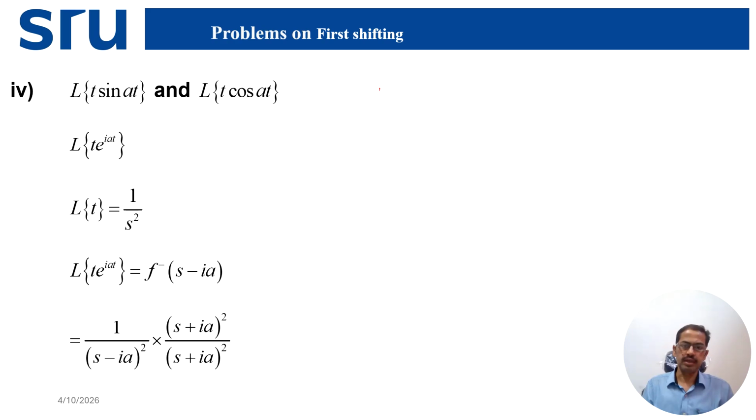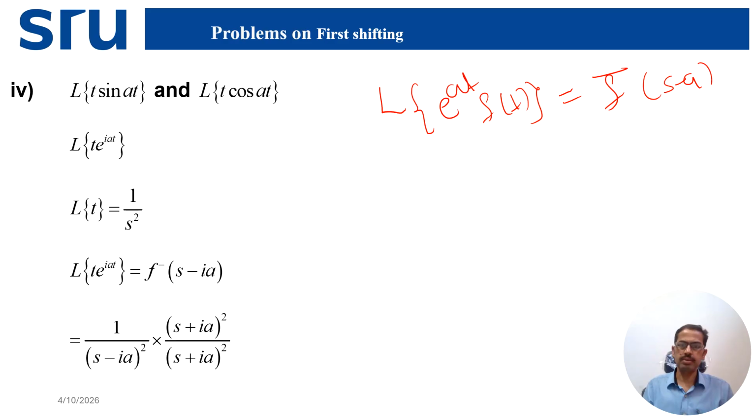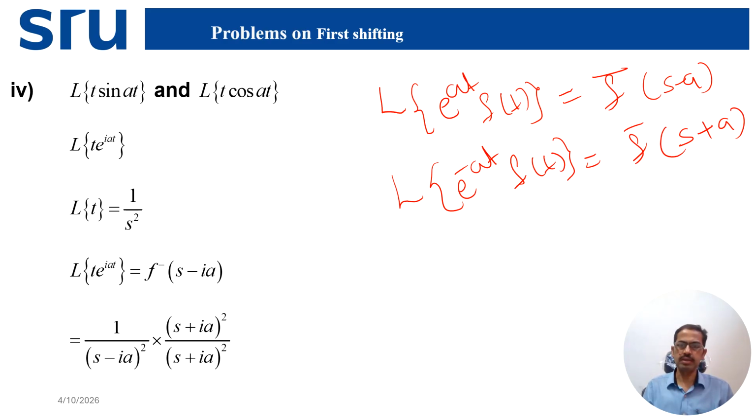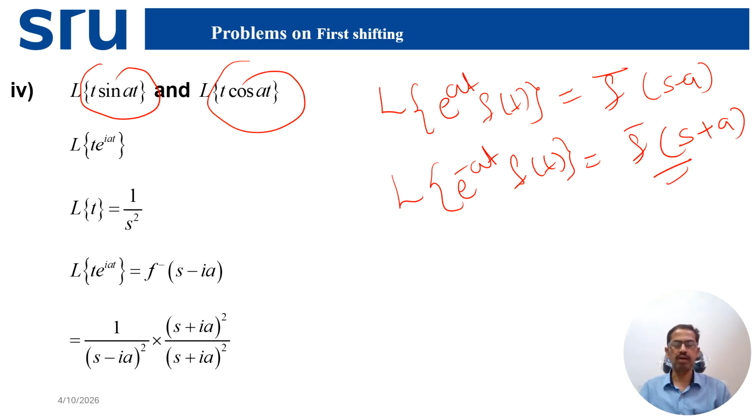The first shifting theorem applies only to the product of e power at into f of t, where s is replaced by s minus a, and e power minus at into f of t equals f bar of s plus a, where s is replaced by s plus a. But what about t sin at and t cos at? How do you calculate this using the first shifting theorem?